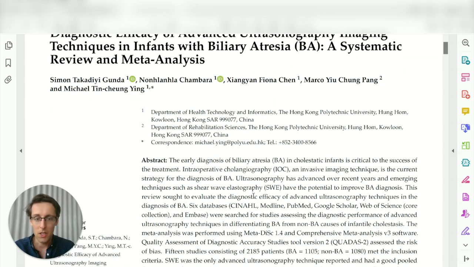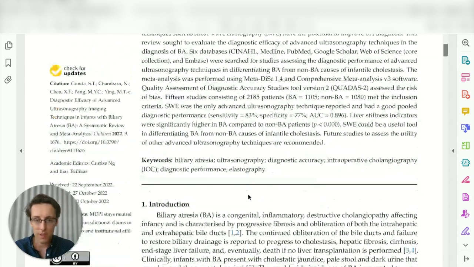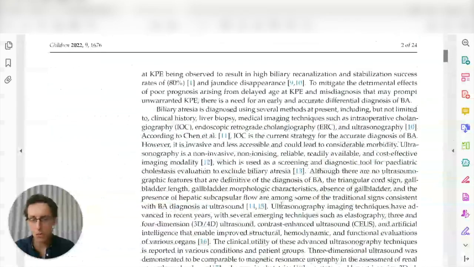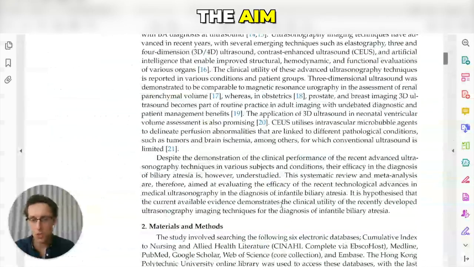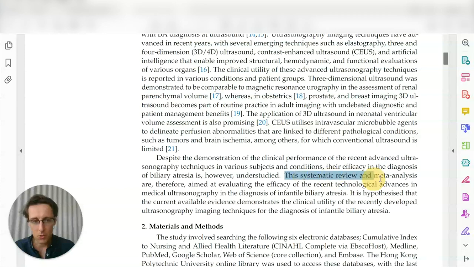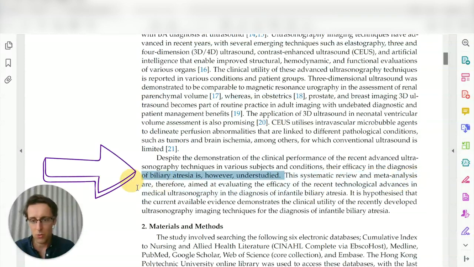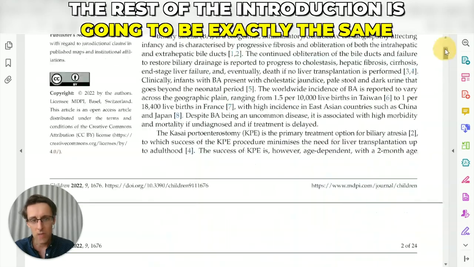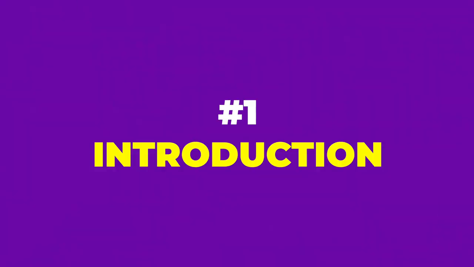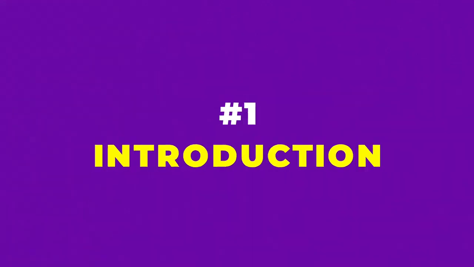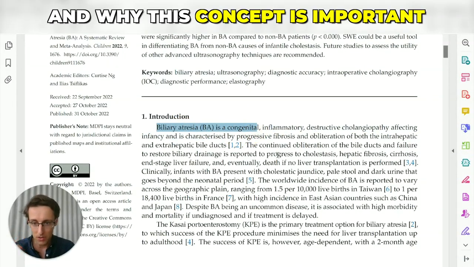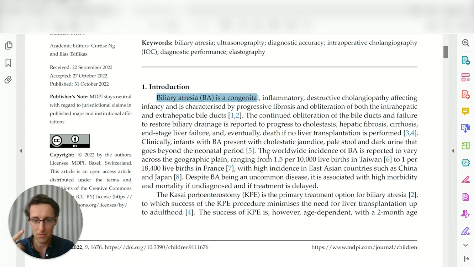With that said though, the first main difference as you read the paper really is going to be the aim. In the aim, it's just going to say this systematic review and a meta-analysis. The rest of the introduction is going to be exactly the same as we would normally write it. So you start with introducing the key concept and why this topic is important, right?